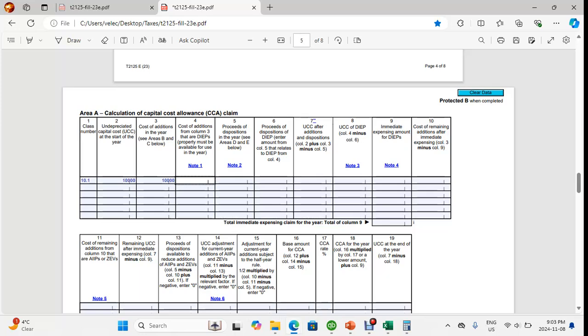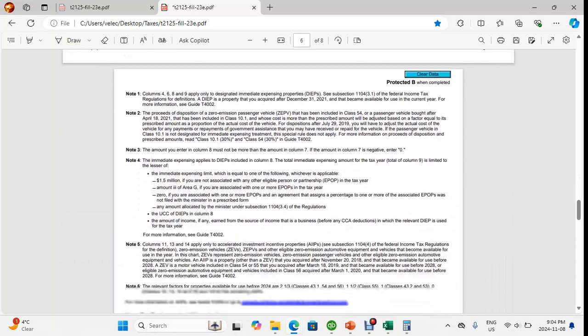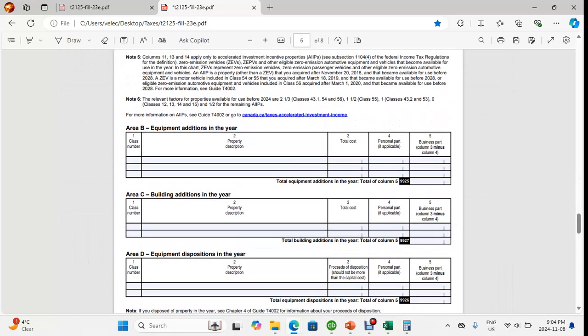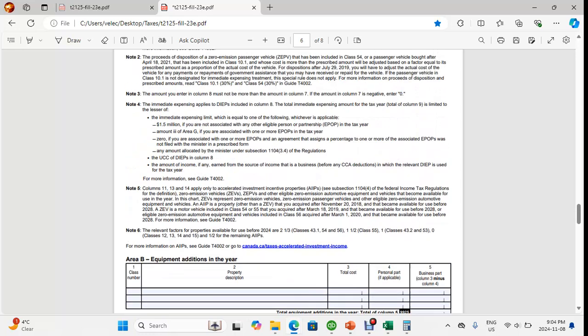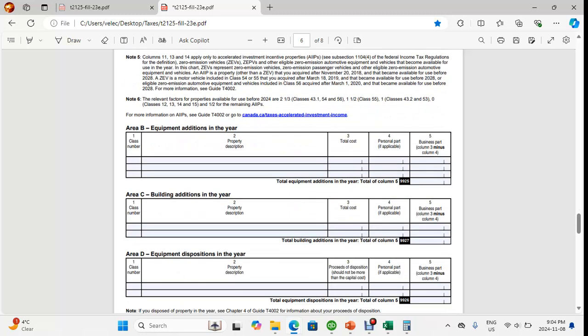All right, this has to do with area B and C, equipment additions. You will need to declare your addition under equipment additions. So let's say this is 10.1, property description, let's say this is 2008 GMC Acadia.